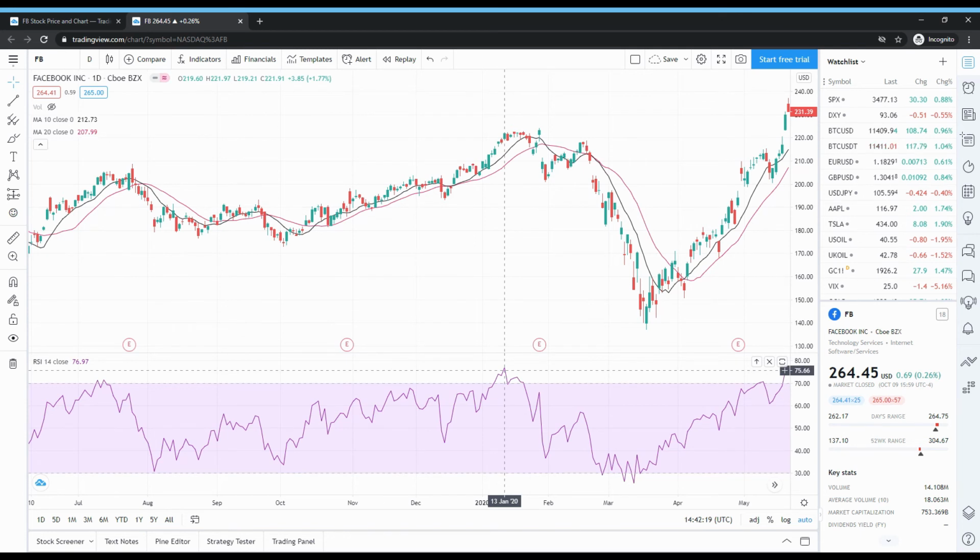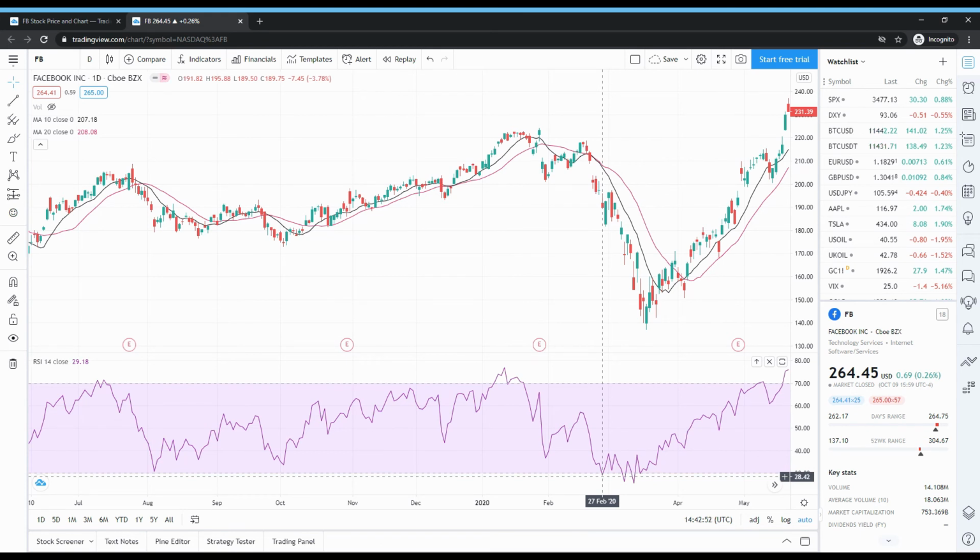As you can see, it has gone up to around 75 in the RSI indicator on 13th of Jan, and it's been going up and down a little bit. So we can definitely say it has gone inside the band, which means our stock is going to go down in the near future. And we have a double confirmation when our moving average converges over here, saying that the stock is going to go down for a short amount of time. So we wait until the RSI goes below 30 to assume a safe trade.